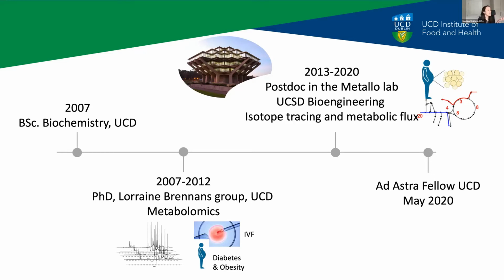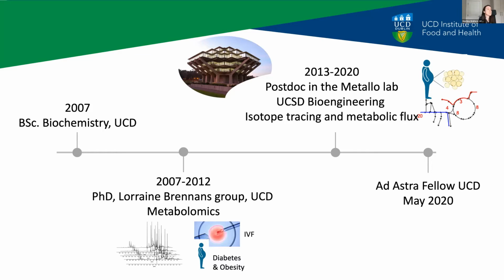So I did my degree here in UCD in biochemistry. And that's where I became quite interested in metabolism. And then I did my PhD with Lorraine's group here in UCD, where I learned how to apply metabolomics for biomarker discovery and also for looking at cell function, specifically in relation to diabetes and obesity.